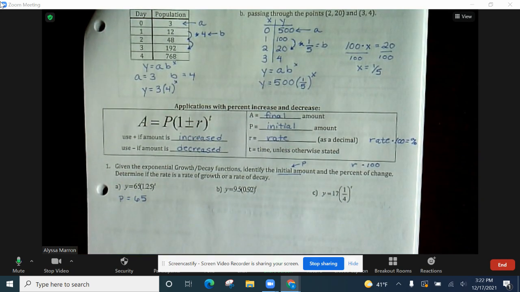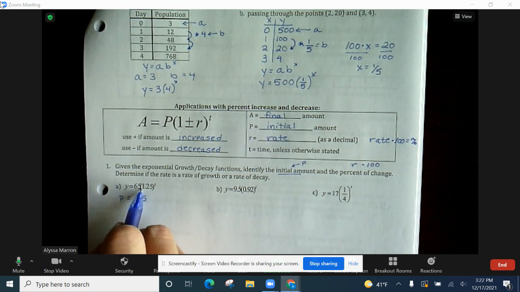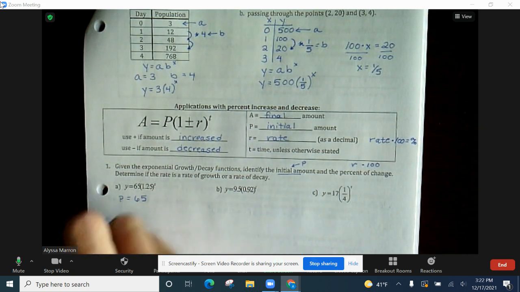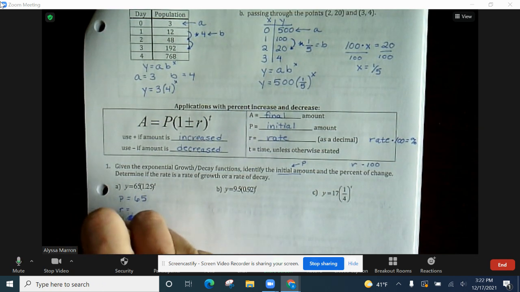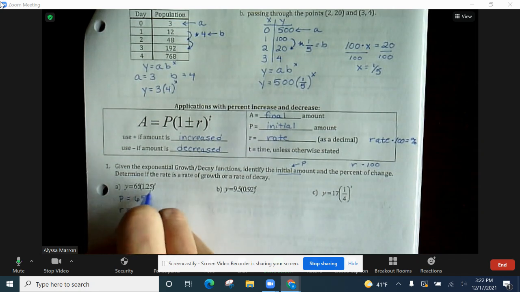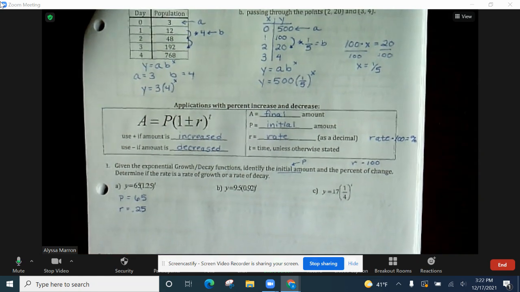To find your rate, it's always the difference of this number and 1. So if I think of what the difference is between $1.25 and $1, I would say I have a difference of 25 cents. So it's always the difference of that number that's in the parentheses and 1.